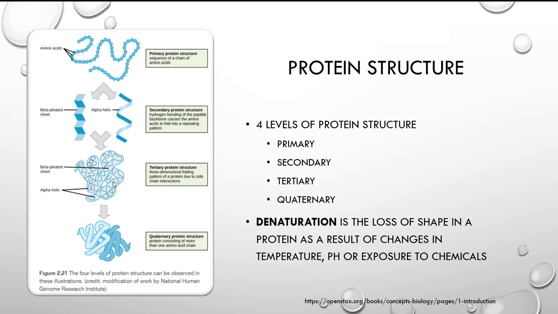For example, if the temperature increases too much, basically the tertiary structure can start to unfold. And if it's unfolding, then the protein no longer functions correctly. Or if the pH changes, then the protein can unfold, and then it's not going to function properly. Or if it's exposed to different chemicals, then it can unfold, and if it's unfolded, it can't function properly.